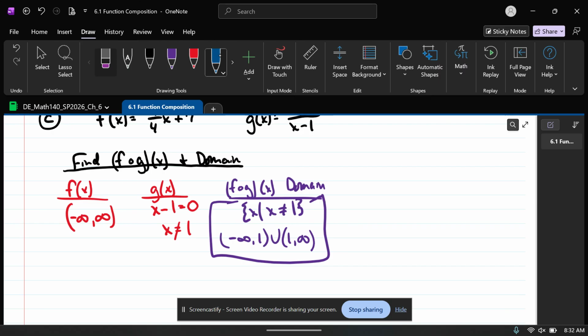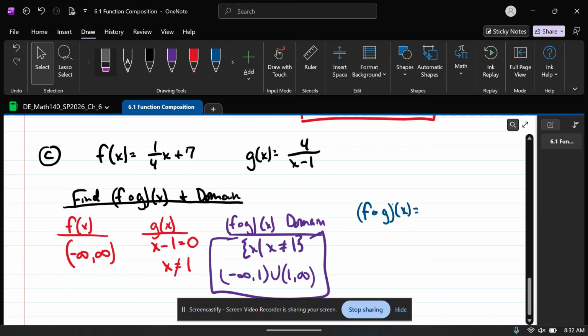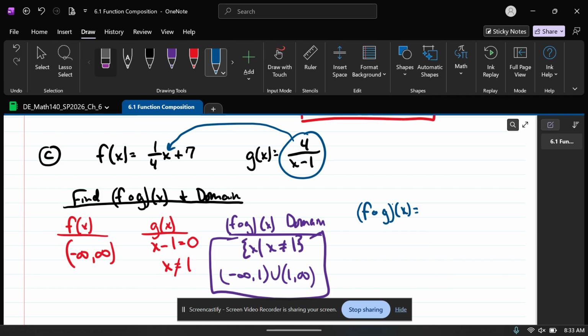Now let's actually go over here and find f composed with g of x. So that means we're taking the g of x function, taking this guy, putting that in for x. So we're going to have 1/4 times this fraction, 4 over x minus 1. And then we got the plus 7.